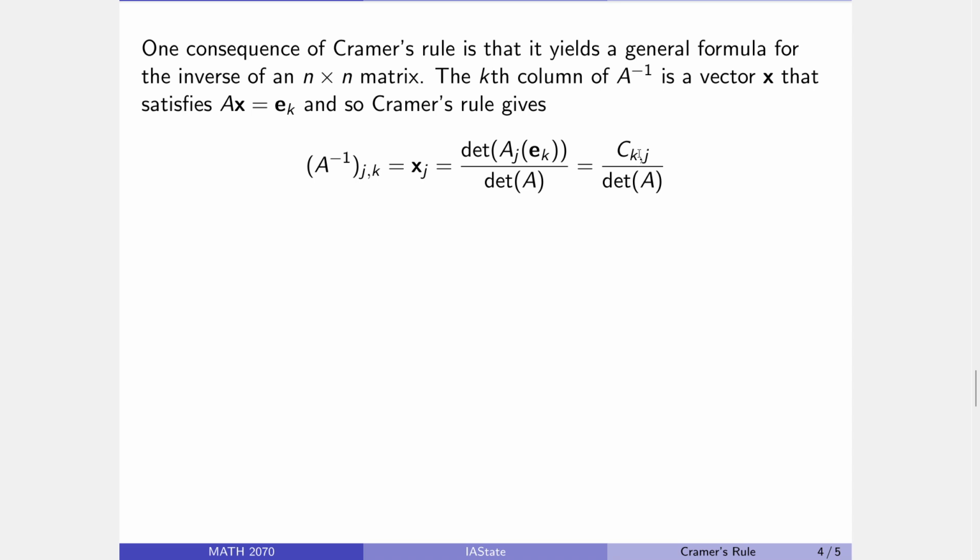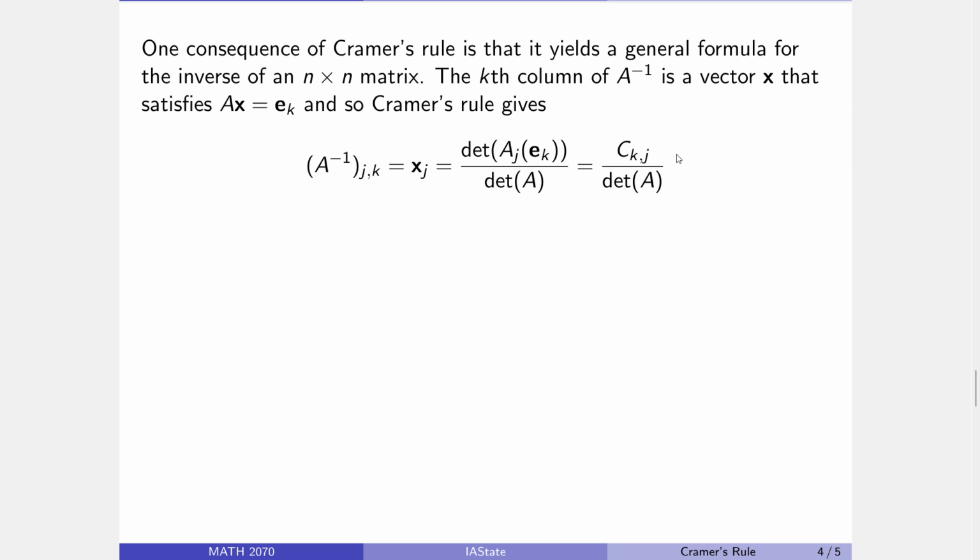And that makes some sense, right? Because we're going down the jth column. The only entry that's non-zero is the kth one, so we're only going to pick up that. And note that when you compute that determinant, you'll delete that column, and so you'll pick up the determinant that's left over, so you'll just end up with the k-jth cofactor.